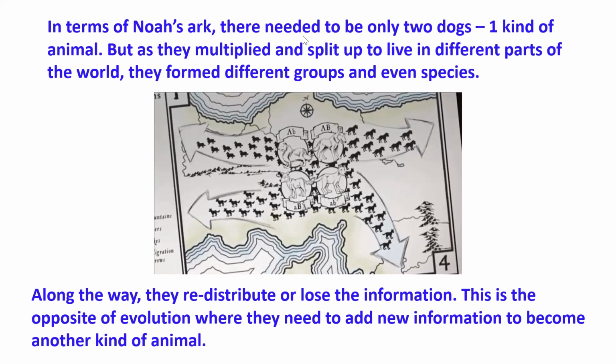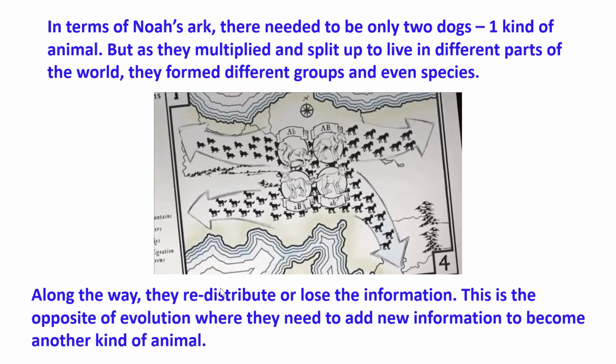But as they left the ark, they multiplied and split up to live in different parts of the world. So you can have, let's say, a pair of originals from the ark, looking at the diagram, and when they reproduce and separate into all the different parts of the world, they form different groups and even species as the combinations of the genes are being formed.